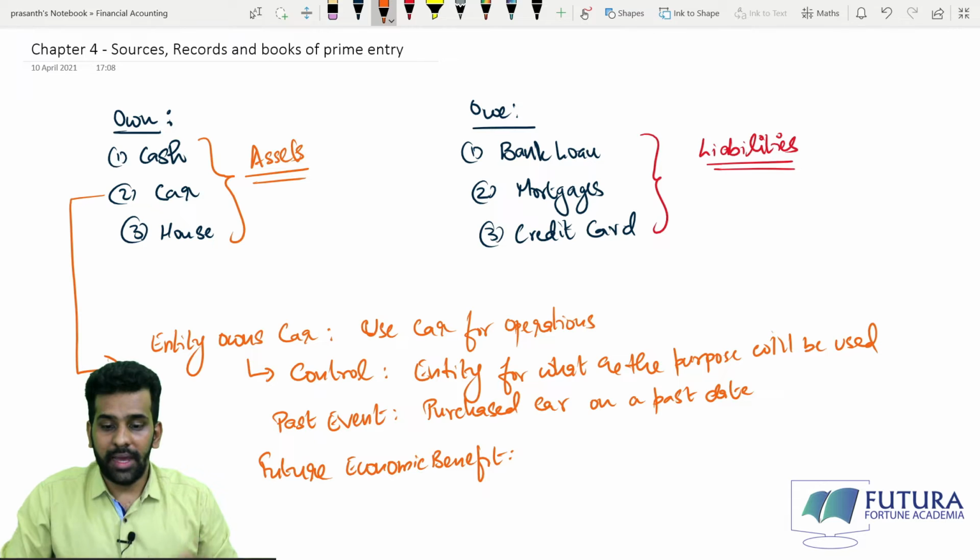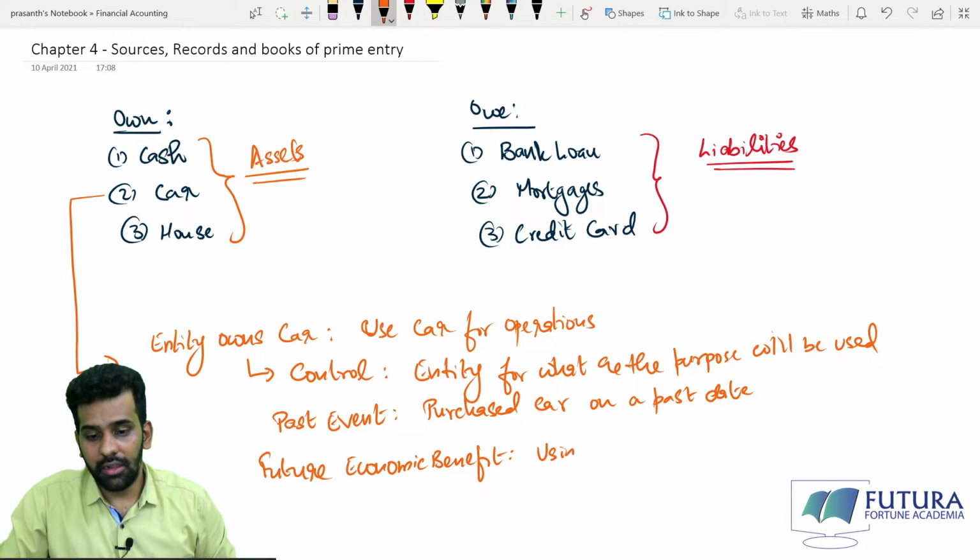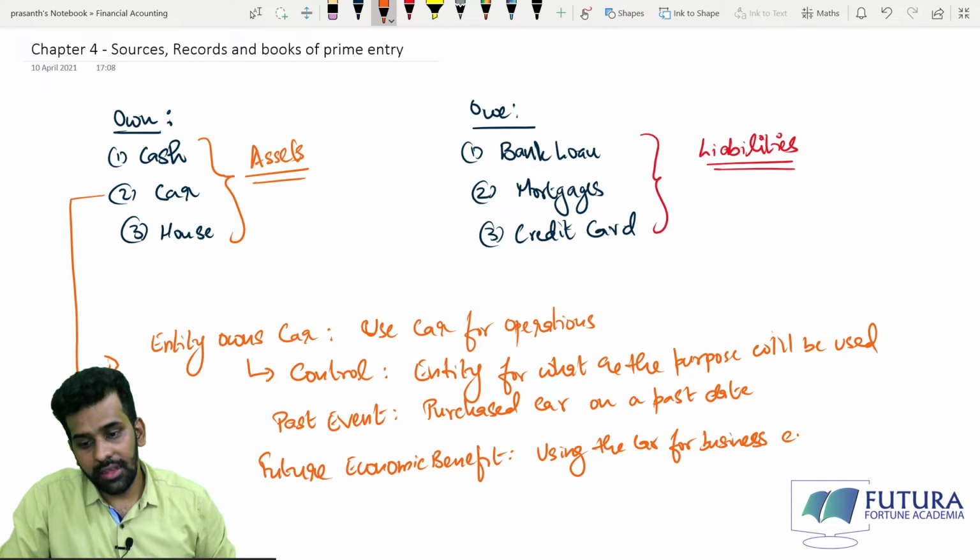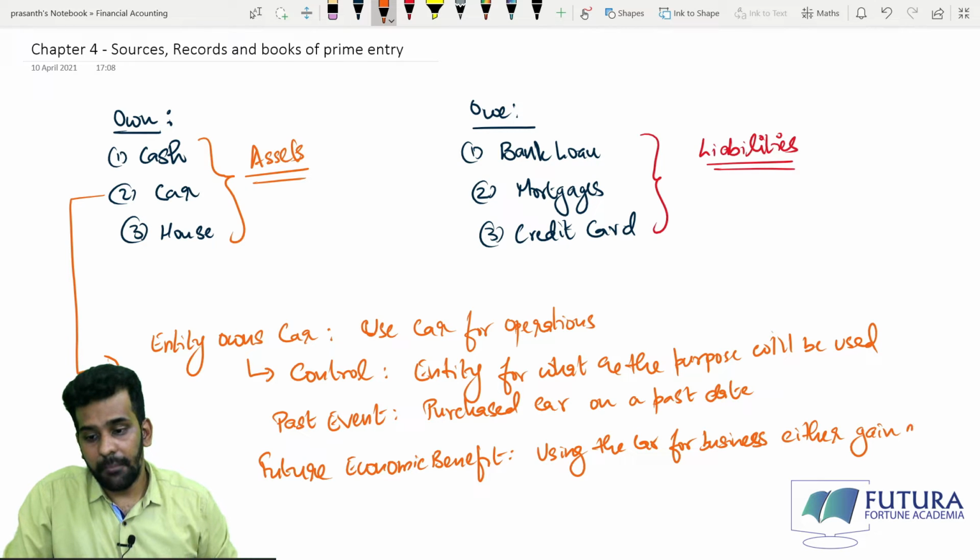So any benefit which is monetary in nature you gain by using the car in your business is an economic benefit. So by using the car for business, you either gain money or revenue, or you reduce expenses, thereby increasing your profit.